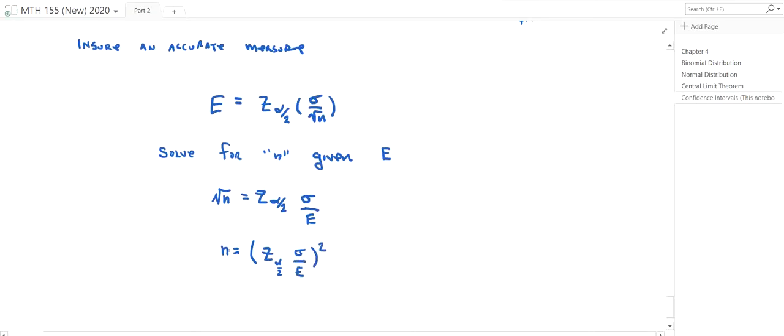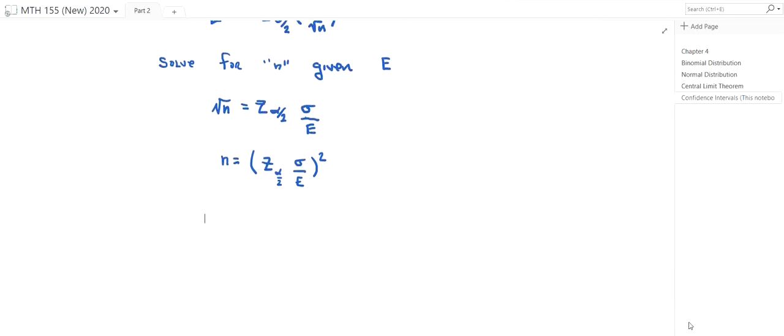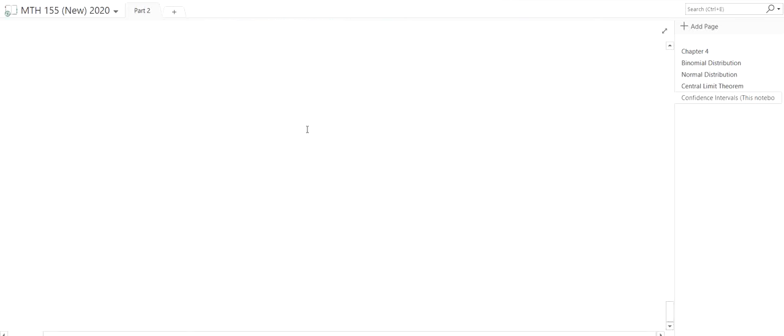So we can simply make that calculation in a situation where we're interested in calculating the size of the sample that we need to take, given that we don't want the margin of error to be over a certain size. So let me do an example of that.